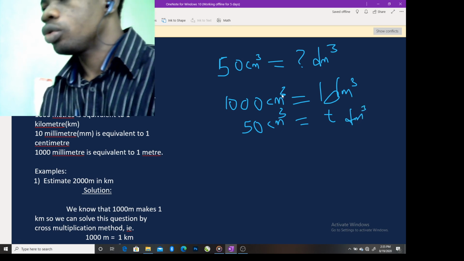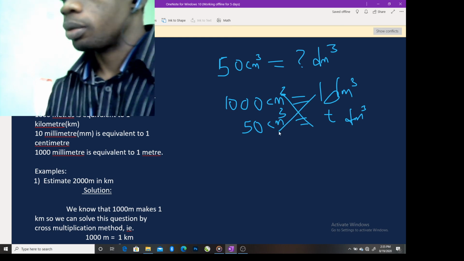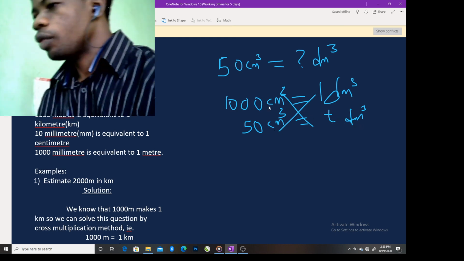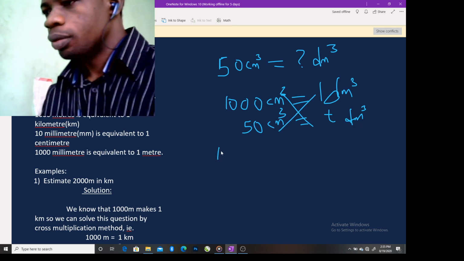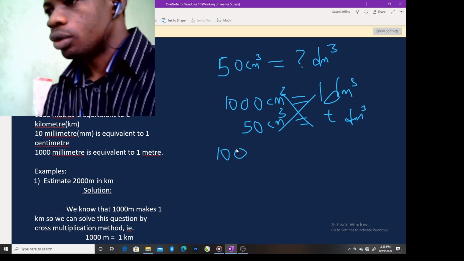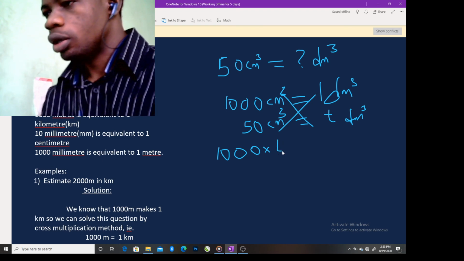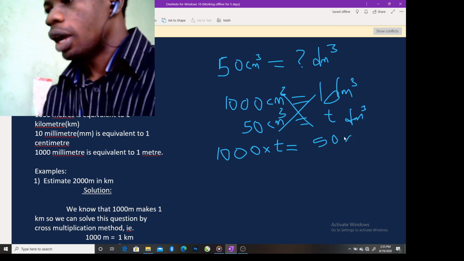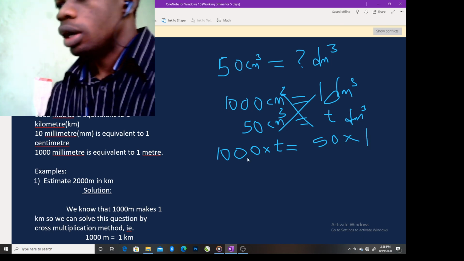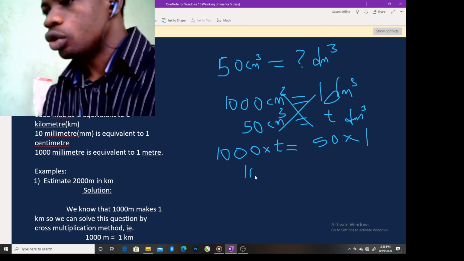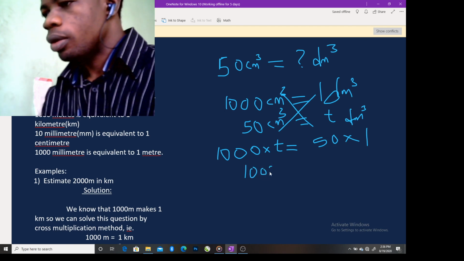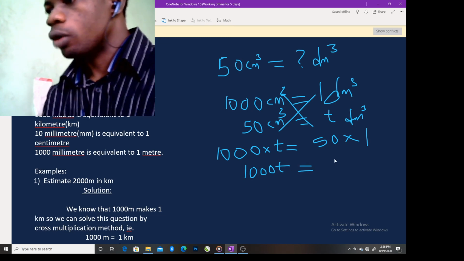Then cross multiply. You write the part you are looking for first, that is 1000 times T, equal to 50 times 1. So 1000 T will be equal to 50.